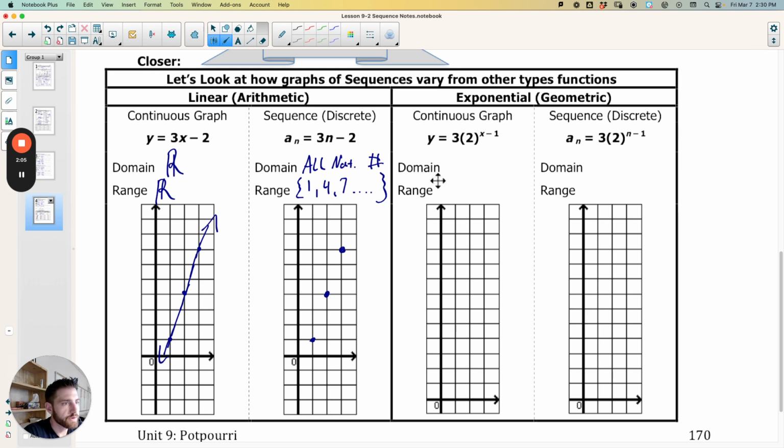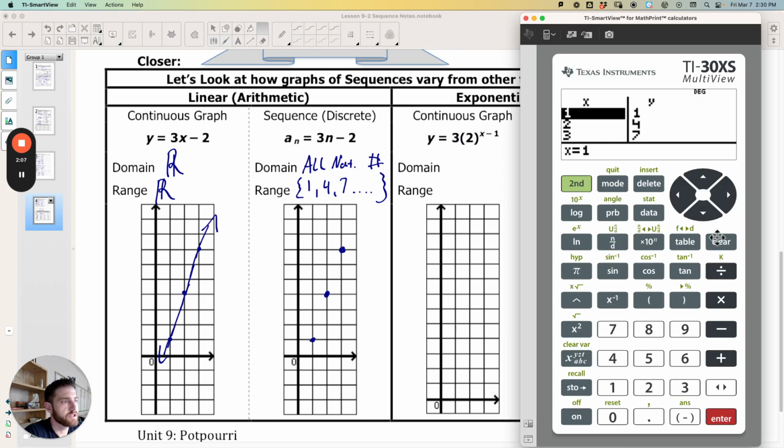So here we have a continuous graph we're going to graph. I'll plug it in my table function: 3 times 2, raised to the x minus 1, and we'll start at 1. At 1 we get 3. At 2 we get 6.